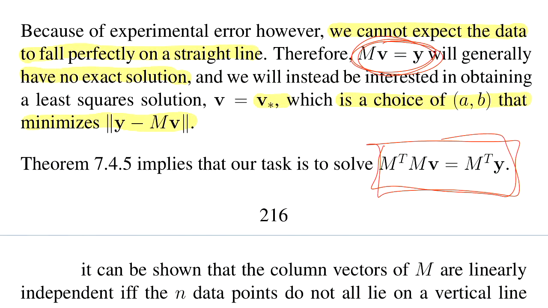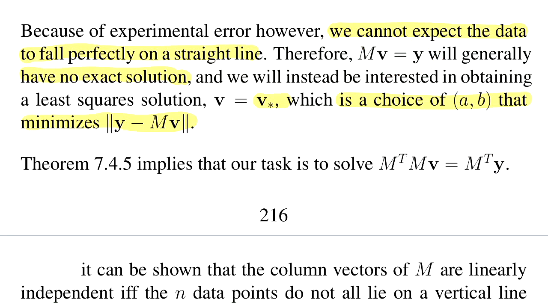Well, M consists of not all of your data, not the measurements, but the parameters that you control, those values. You multiply that by M transpose, you multiply your measured vector by M transpose, you get this normal system, and now you just chuck this into Mathematica and ask it to solve that system for you, and you know it's going to have a solution because it's a normal equation. Okay, it's always consistent.